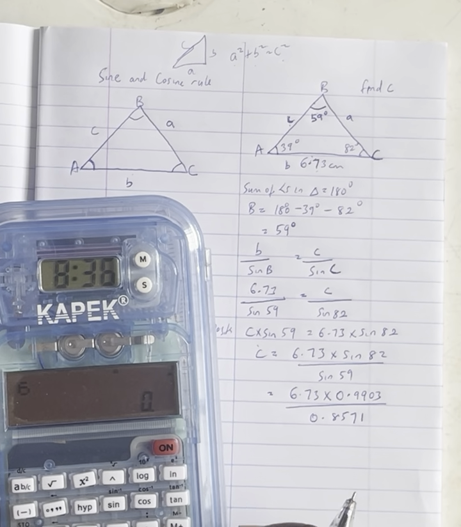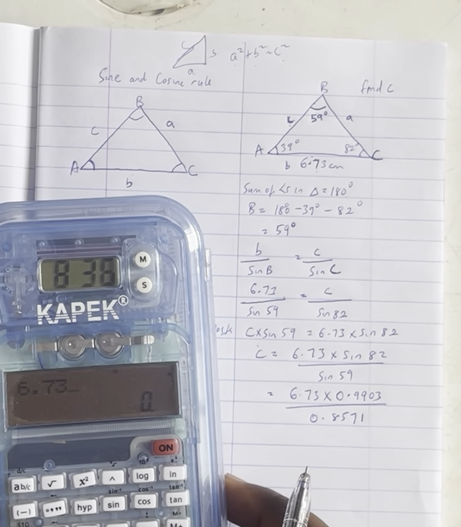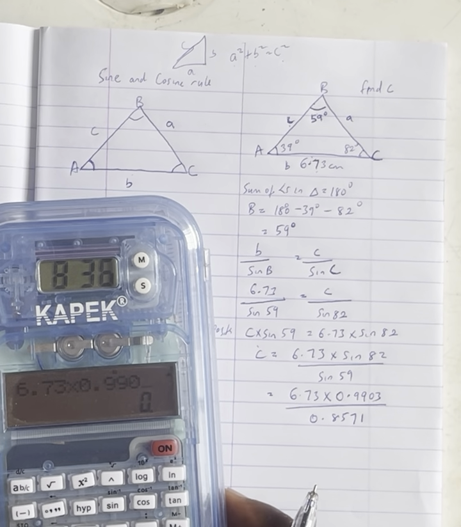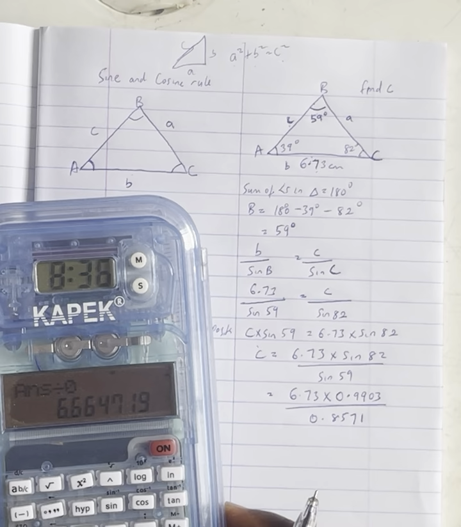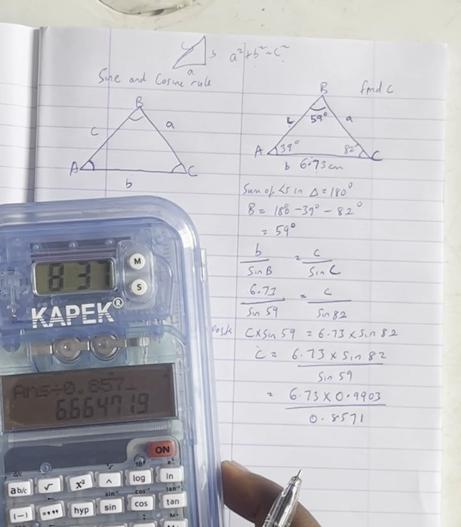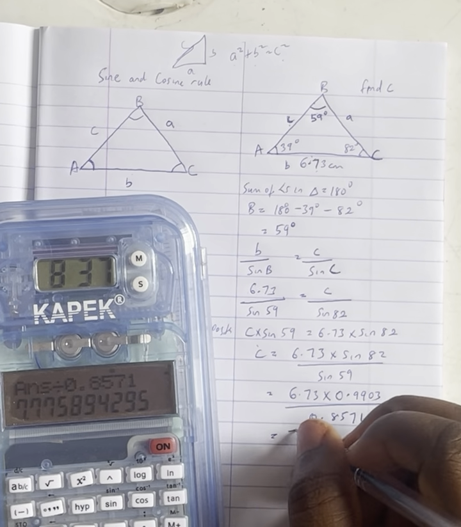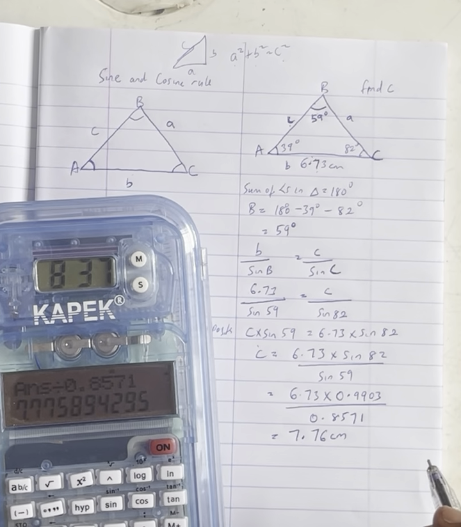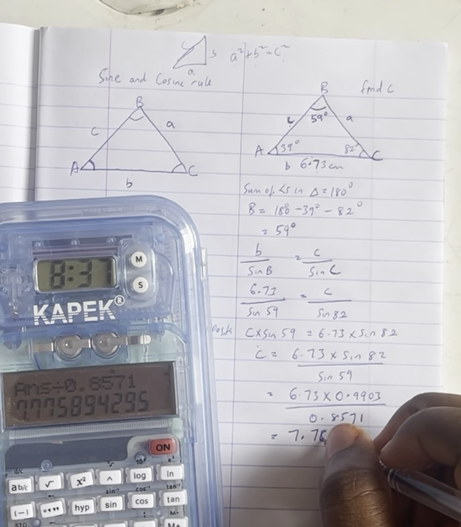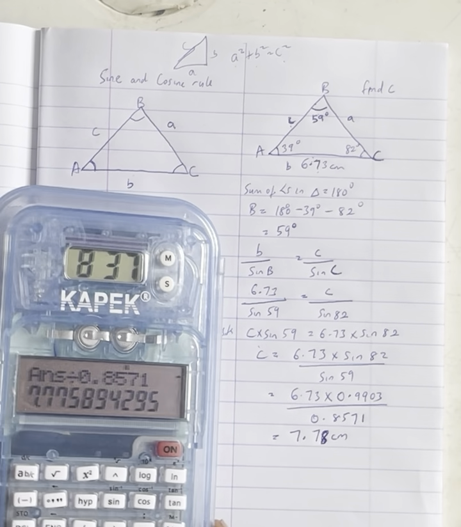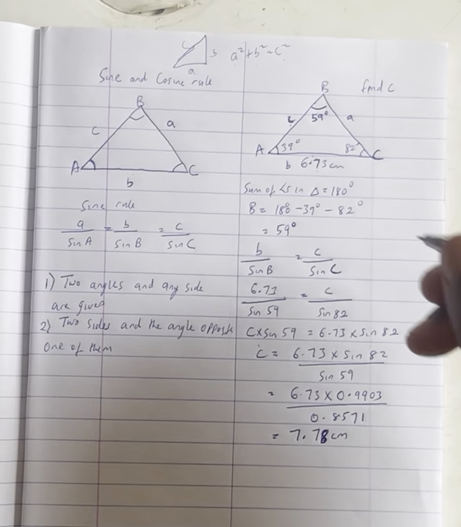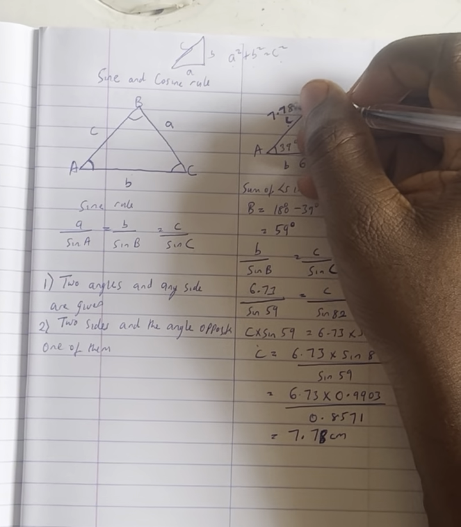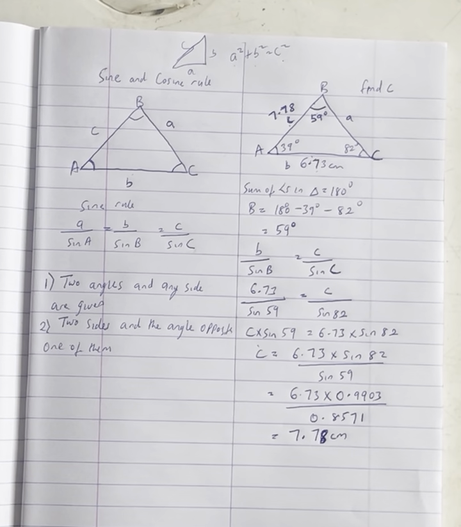So 6.73 times 0.9903, and we divide it by 0.8571. So the answer is 7.78 rather, to 2 decimal places, 7.78 centimeter. So the side here is 7.78 centimeter.